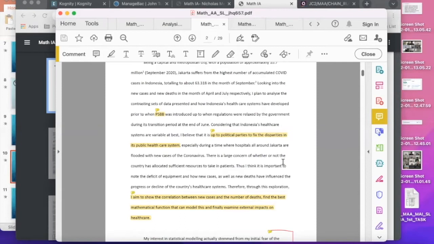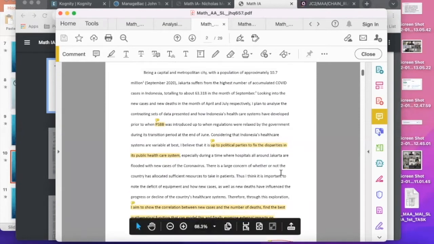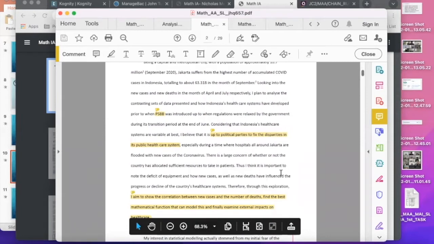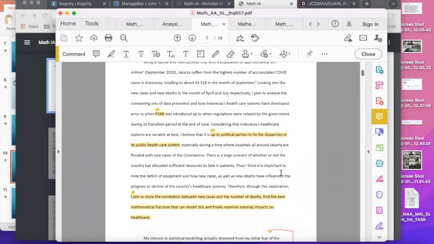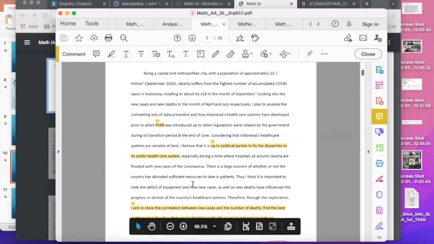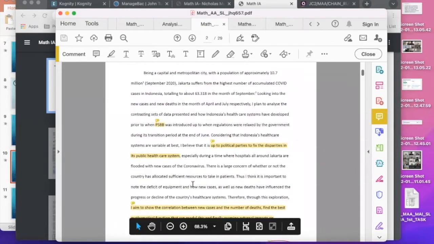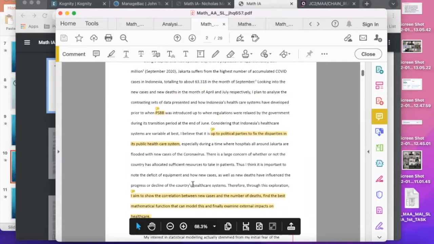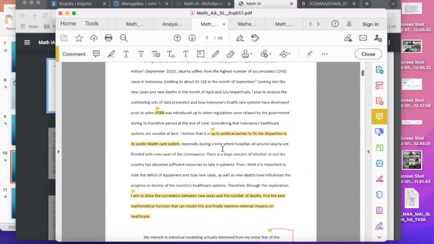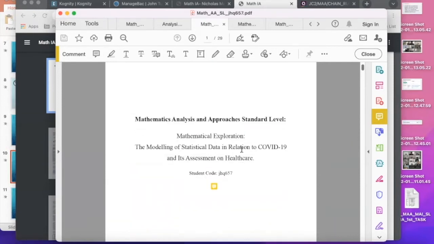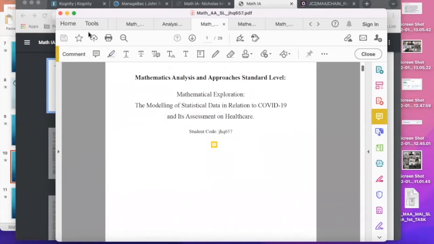Because your readers are basically students at JC level, when they read your IA report, you treat them as if they don't have any background to what you are doing. So you need to take them through the transition to your IA. Such as in this case, the student talks about the public healthcare system, hospitals, and so on, because it relates to COVID-19. Is that okay?